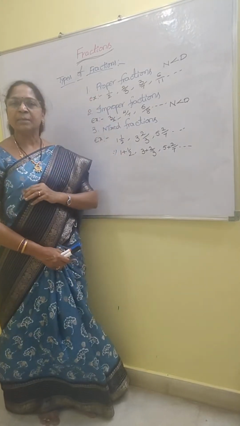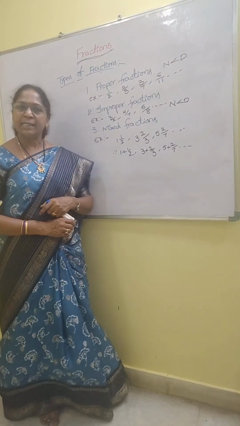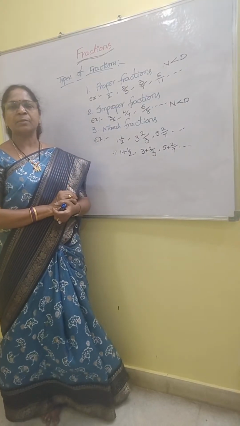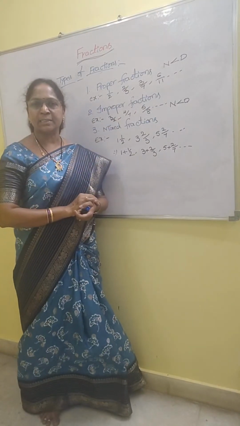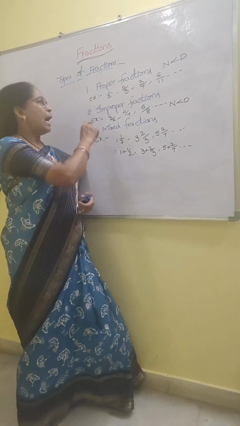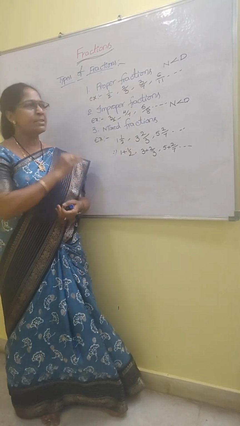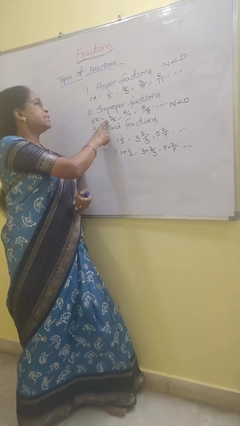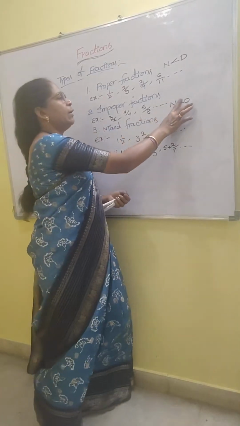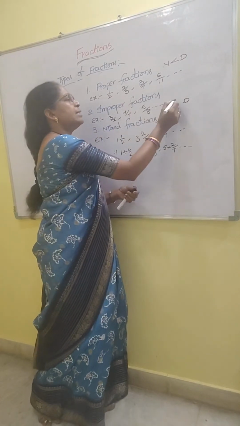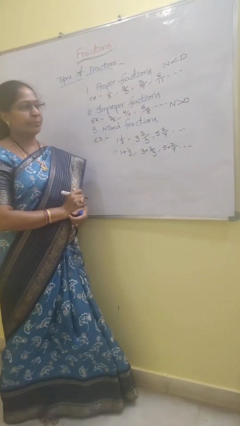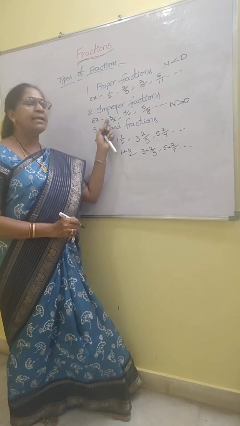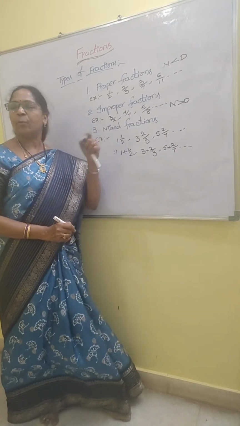So proper fraction means numerator value is always less than the denominator. Those fractions we call it as proper fractions. That we have to remember. And improper fractions, just reverse to the proper. In this numerator value is always greater than the denominator. 3 by 2, 3 is the numerator, is greater than denominator.